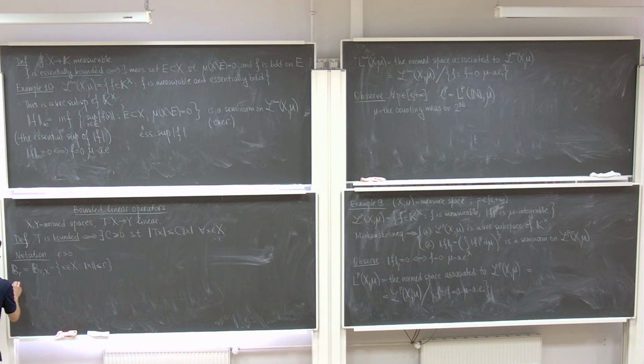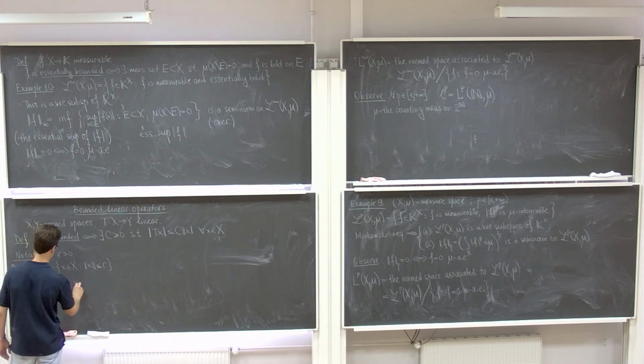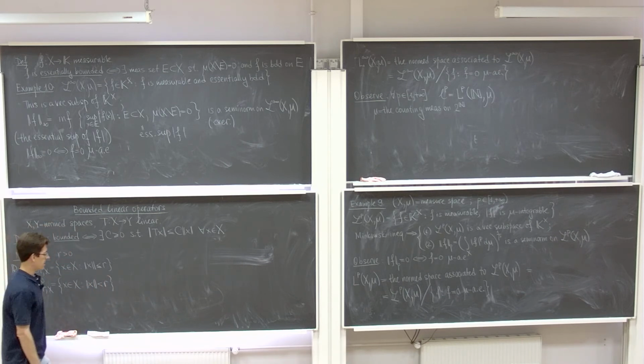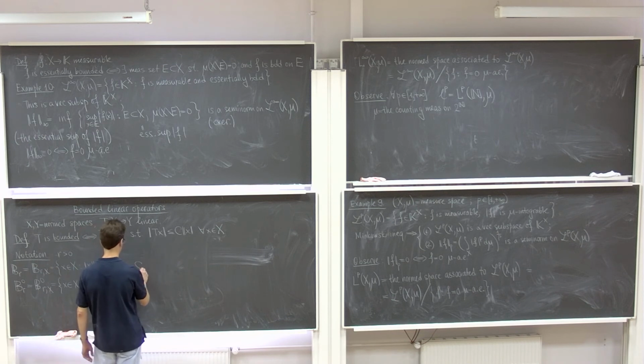Also, sometimes we will consider the open ball of radius r, denoted like this. This is the open ball of radius r centered at 0. And the sphere of radius r will be denoted like this.